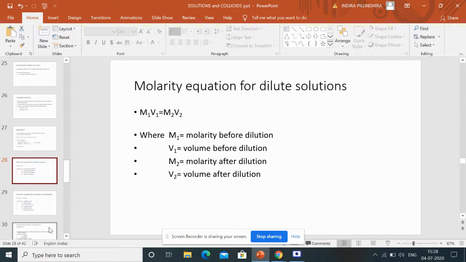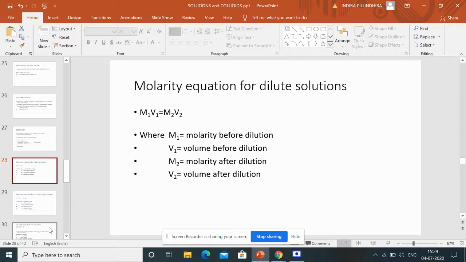Thus we will express the molarity equation for dilute solution as M1V1 is equal to M2V2, where M1 and V1 are the molarity and the volume before dilution, and M2 and V2 are the molarity and the volume after dilution. Okay, so this is the expression for the dilute solutions.